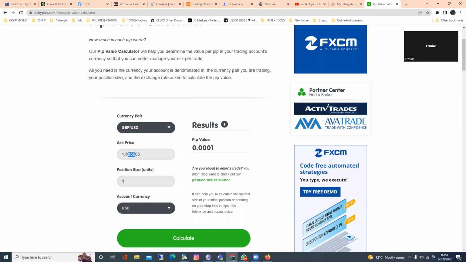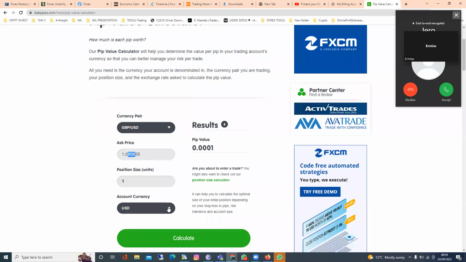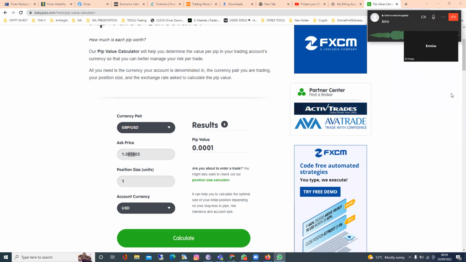So the units, I mean what's one pip? So if this moves to 1.0857 now, that means the price has moved one pip, and that one pip can be equal to maybe $1 or, sorry, that one pip will be equal to say about $10 or so.